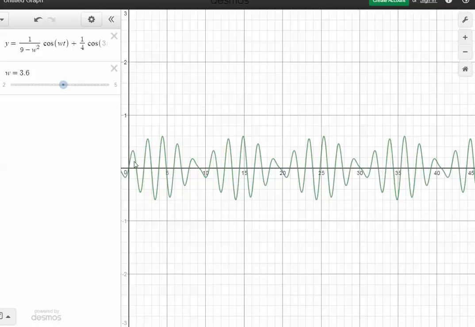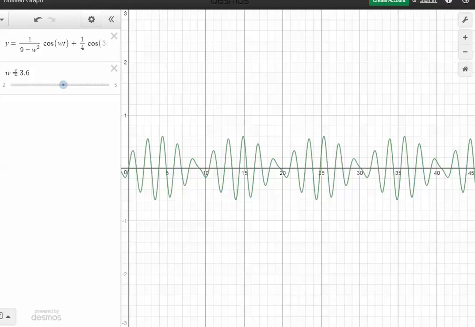So what you get is kind of like a wow, wow, wow, wow, wow kind of thing. And that's called beats. If you've had a physics class, you may have learned about beats there as well. So this is a common thing. It's like a wah-wah kind of sound where it gets louder, softer, louder, softer, but at one note. And so it's called beats. And that's the behavior we're seeing.